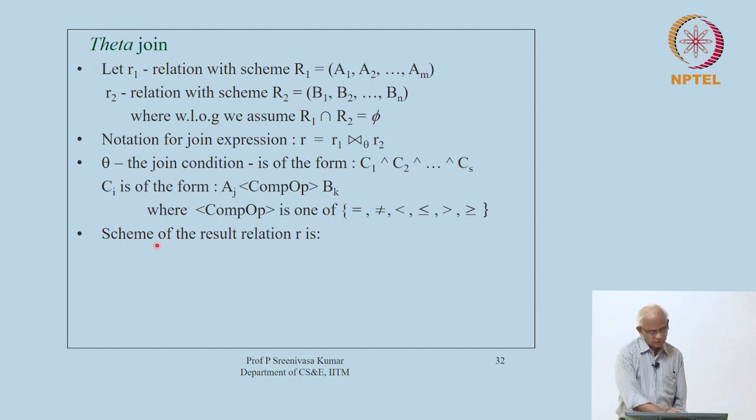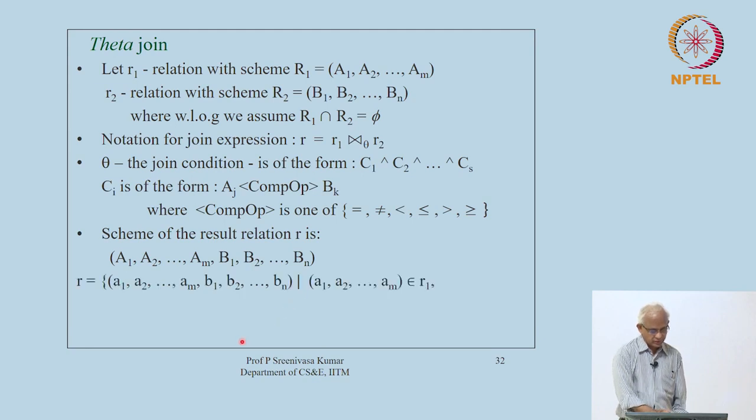And what is the scheme of the result relation R? The scheme of the result relation R is basically the concatenation of these two schemes, right. So, A1 A2 through Am followed by B1 to Bn, that is the scheme, and the result relation itself is defined like this.